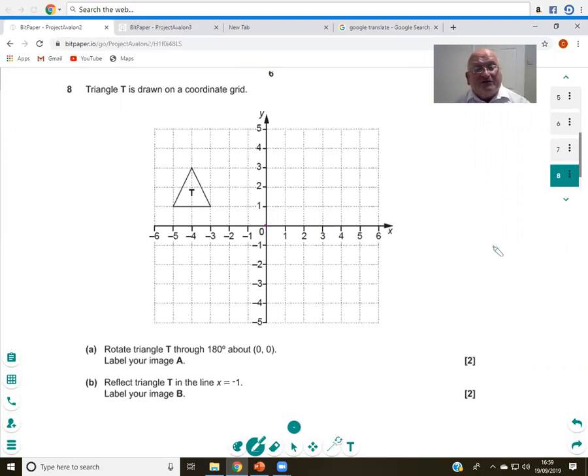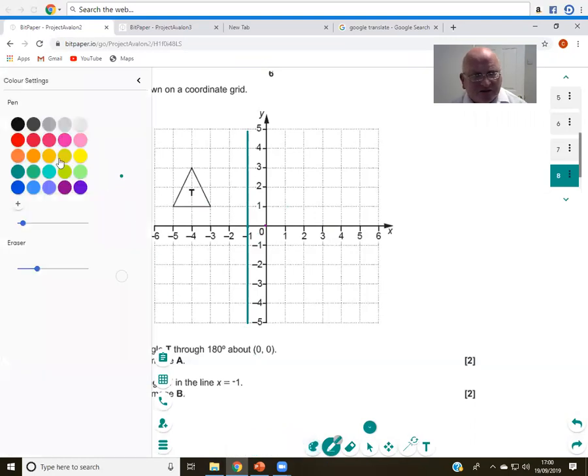So we'll have a quick look at the second part, where it says reflect the triangle in the line x equals minus 1. Well, the line x equals minus 1 is this line here. So if we're going to reflect this shape in this line, then I'm just going to change the color.